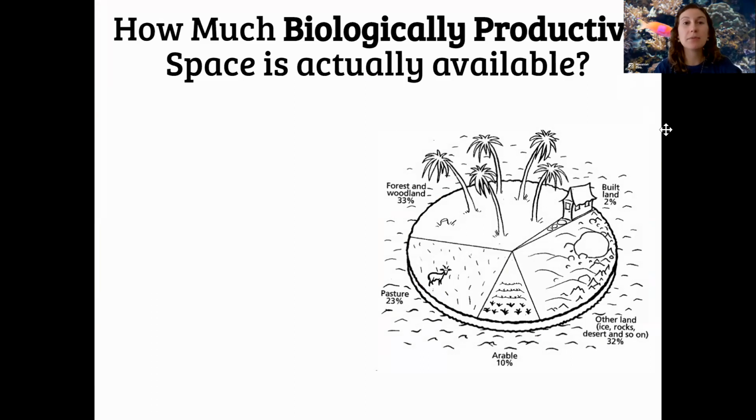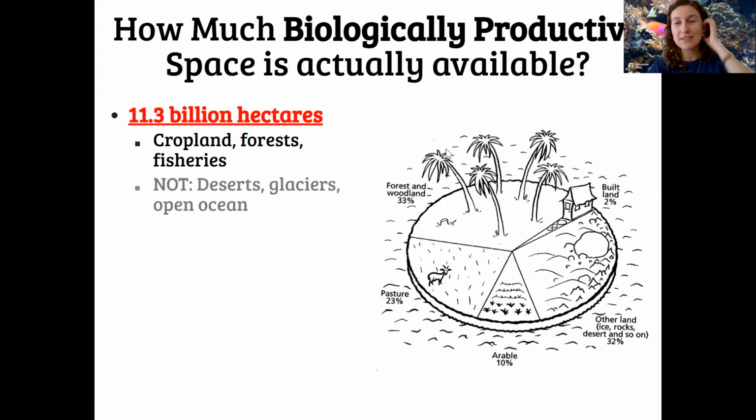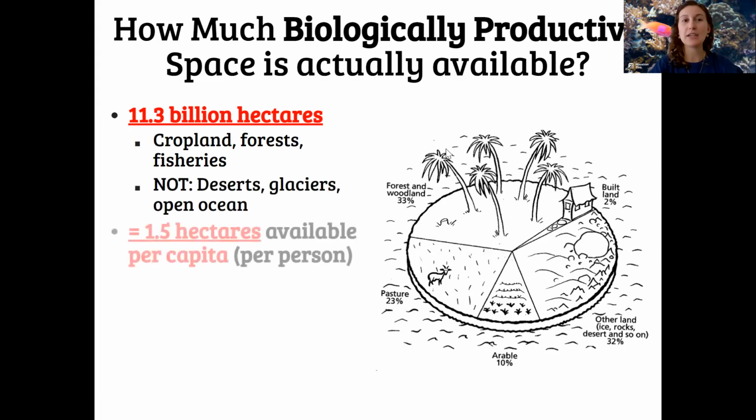How much biologically productive space is actually available? If we look at the land around the whole world, we're taking in forest and woodland, pasture land, arable land for farming, other land, and what we've already developed. You don't need to know these numbers, this is just for your common interest. We have 11.3 billion hectares in the world. That's all of our croplands, forests, and fisheries.